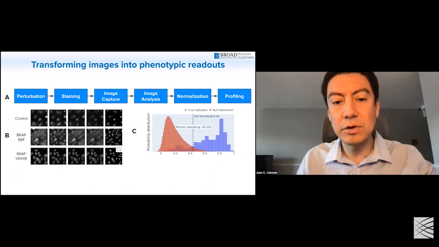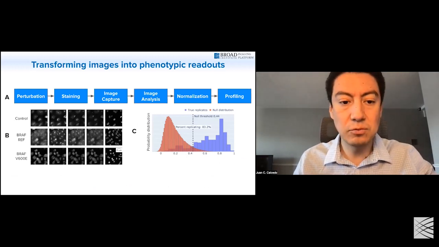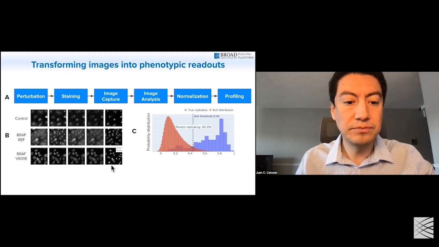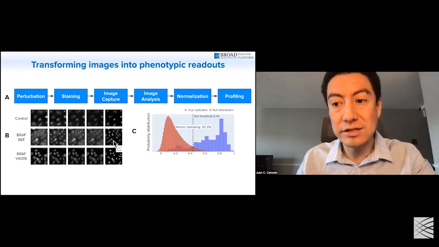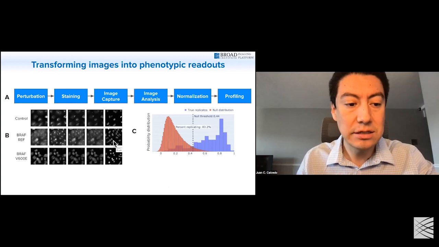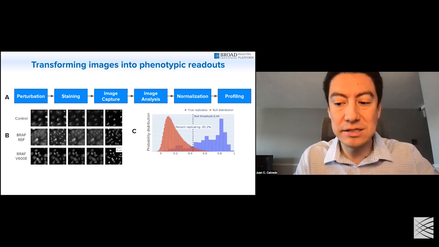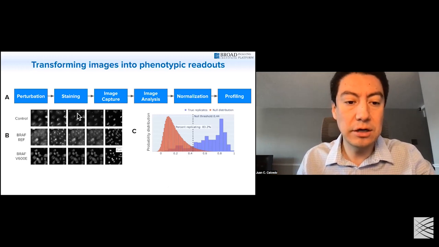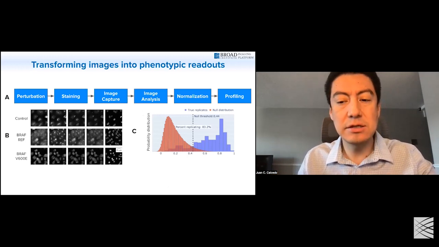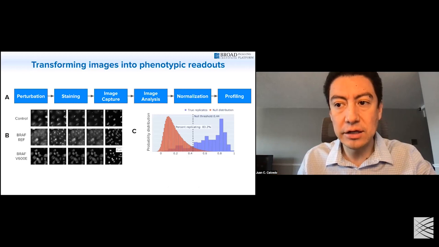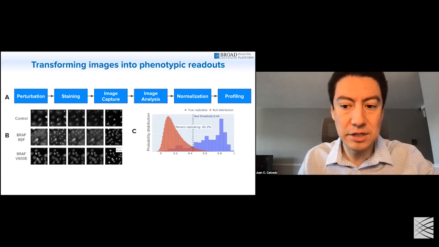The first thing that we did with this large data set was to transform the images into quantitative data that we can analyze. So this pretty much follows the same pipeline that Anne described before, including image analysis, normalization of the data, and finally creating the profiles for each of the variants or wild types that we have.